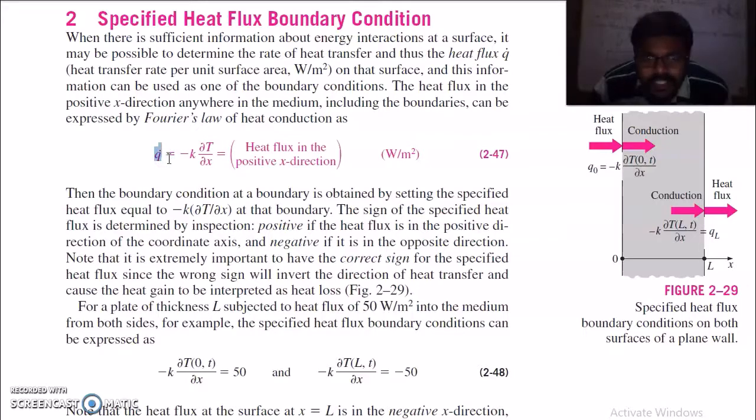The heat flux in the positive x direction anywhere in the medium, including the boundaries, can be expressed by this. Then the boundary condition at a boundary is obtained by setting the specified heat flux equal to minus k del T by del x at the boundary.